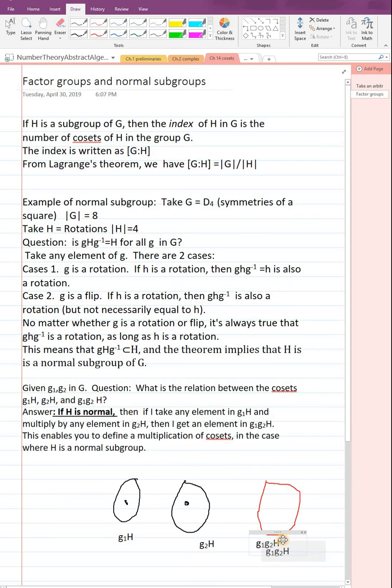All right. So the point is that a single point in here would be an element, G1 little h1. That should be a small g.